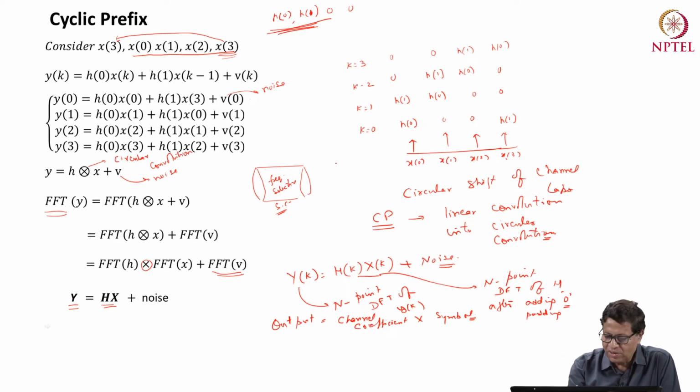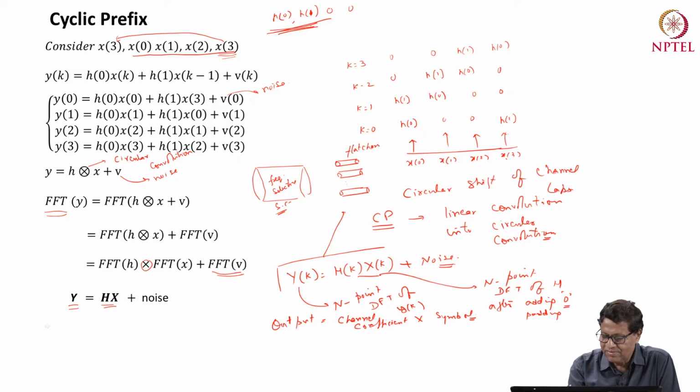The whole thing is converted into small parallel streams. This is what we did in MCM, multi carrier modulation, and it is very clear that each subchannel is a flat channel.